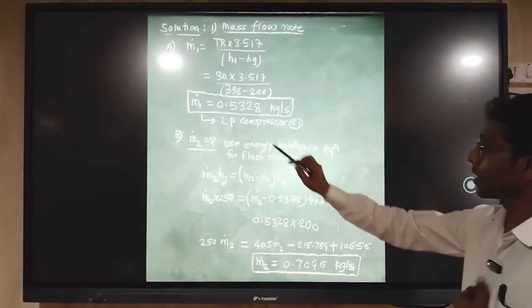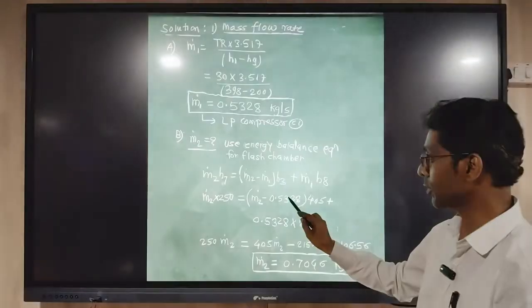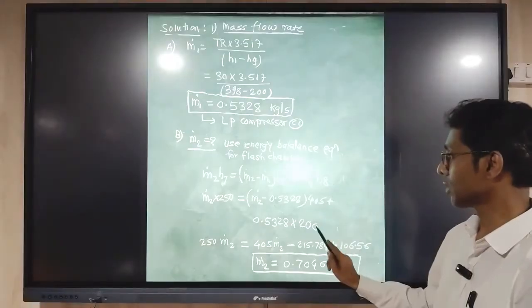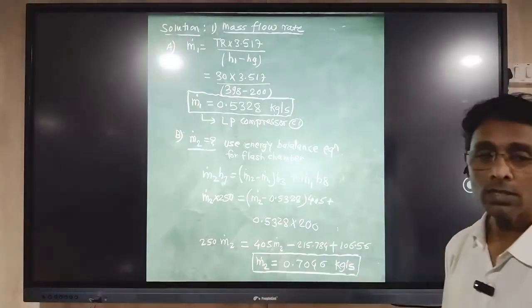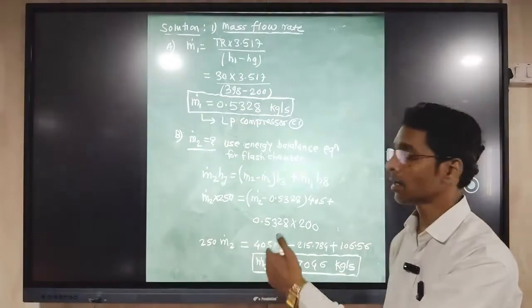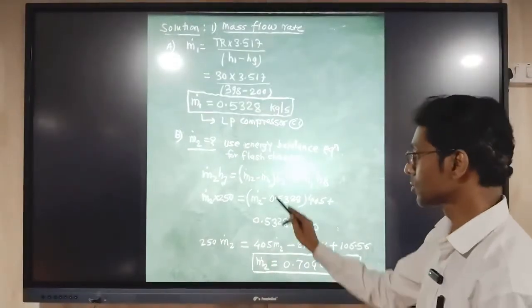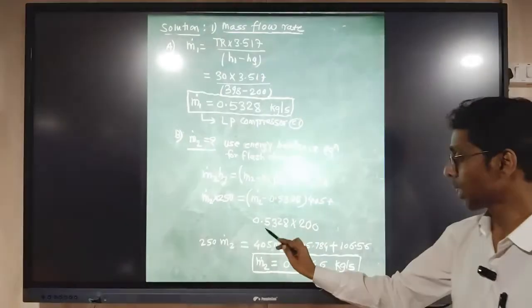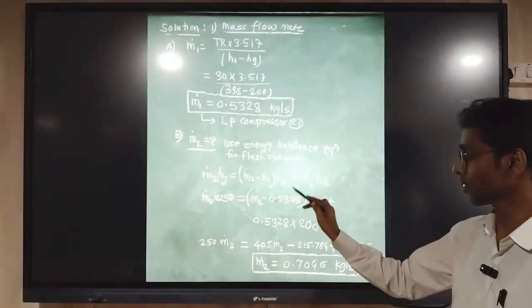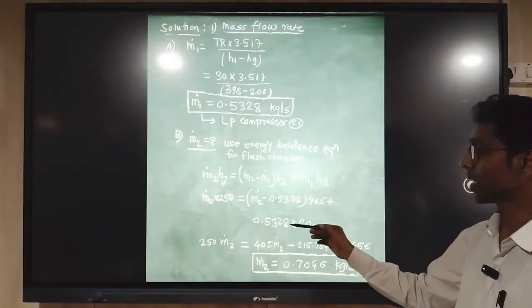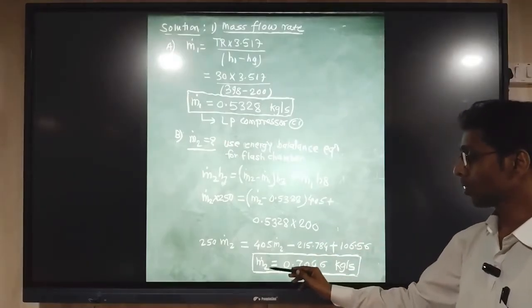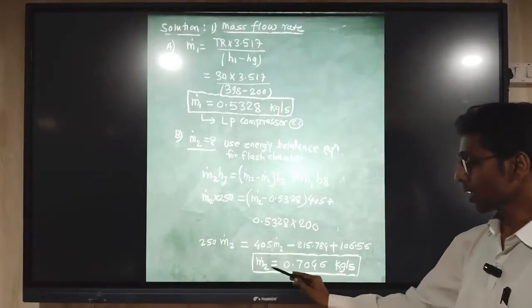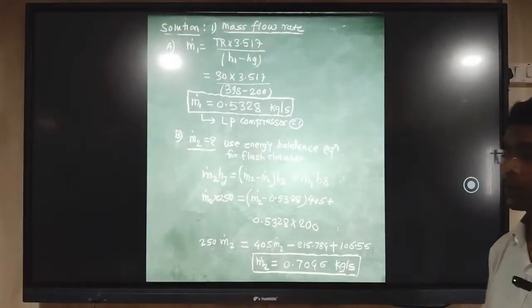Now in this formula, M1 dot we have obtained, and we put it here, and the enthalpies H7, H3 and H8 are obtained from the chart which we listed in the last slide. So we put all these values here, and only M2 dot is unknown. By doing this calculation and simplification, we find the mass flow rate of compressor 2, the high pressure compressor, M2 dot in kg per second.